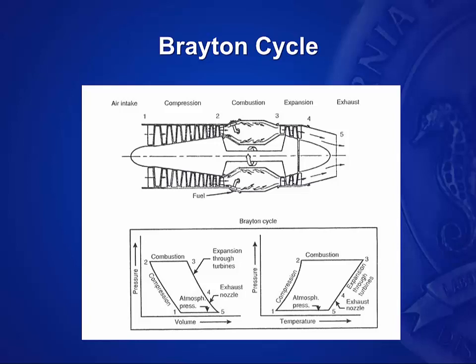The difference on the Brayton is that it is all happening at certain sections of this engine continuously. So it's not where you go intake, combustion, exhaust, and then go back. It is happening down the length of that engine on a continuous basis.